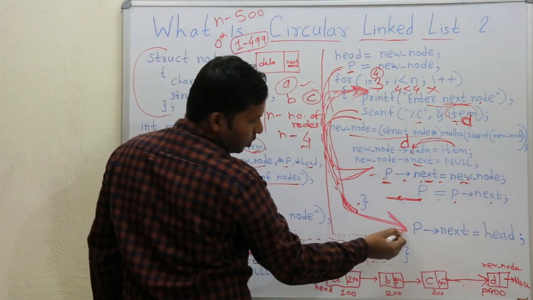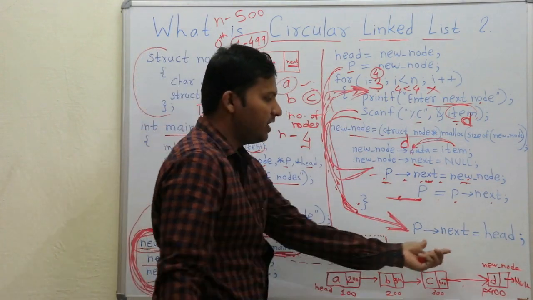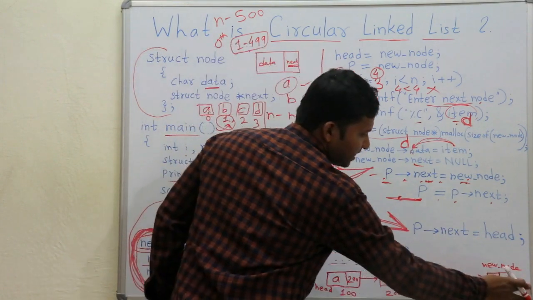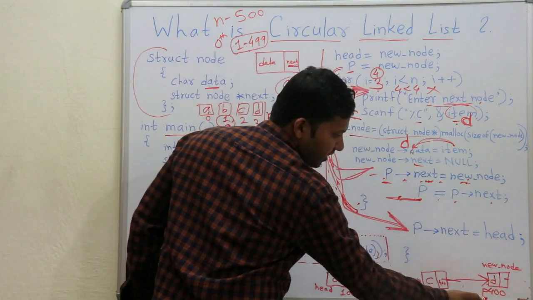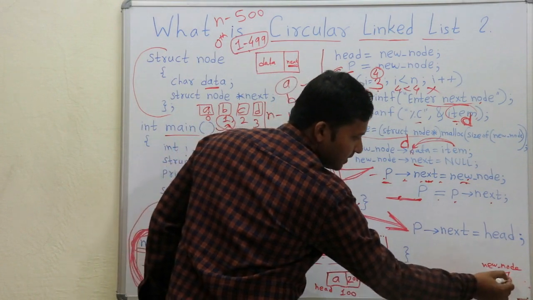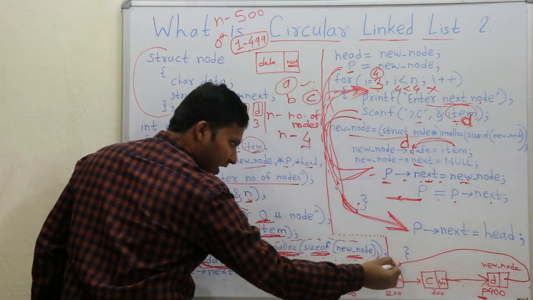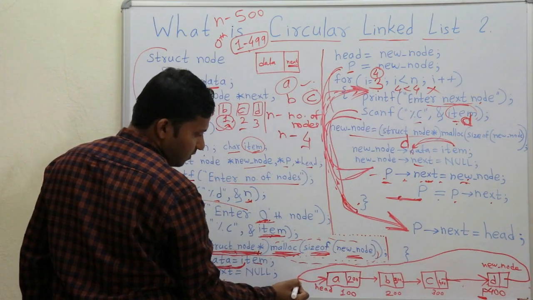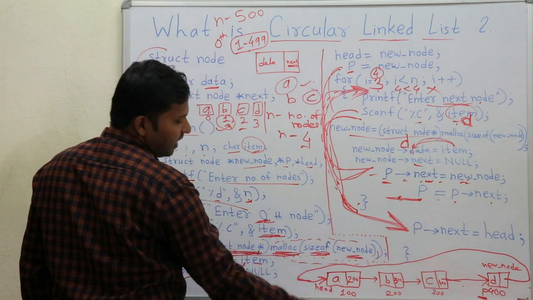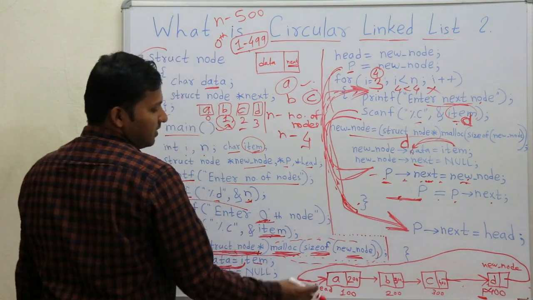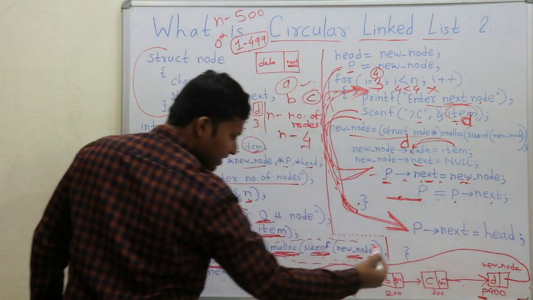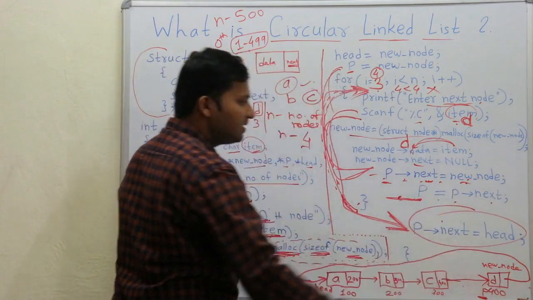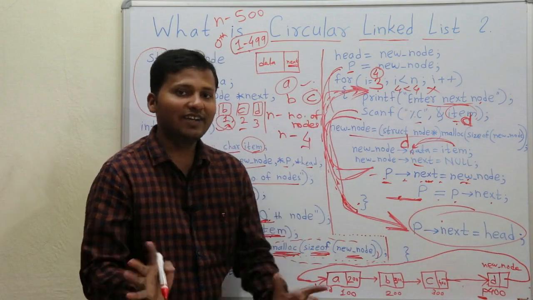And when we come out of this for loop, there is a statement p points next is equal to head. So the next pointer of p points to the head node, and this is the head node. Okay, so p points next is equal to head, and this statement makes this singly linked list a circular linked list.